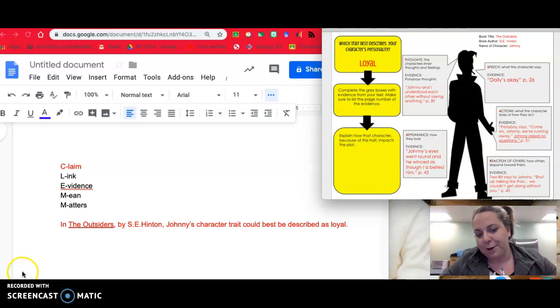I decided that I'm going to use the evidence that I wrote down for appearance, reaction of others, and actions. The reason is that all of this happens around the same spot in the book, page 42, 43, and 51. And I feel like I can make the paragraph flow nicely with these 3 ideas.